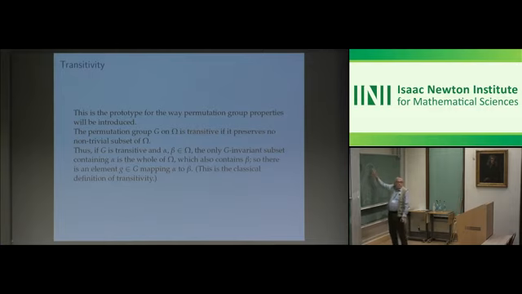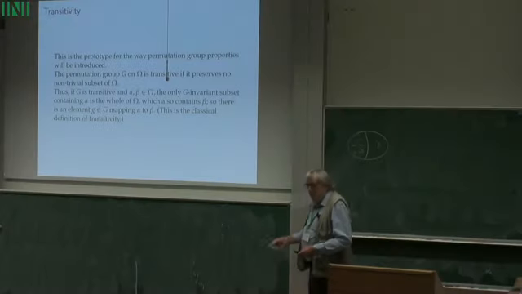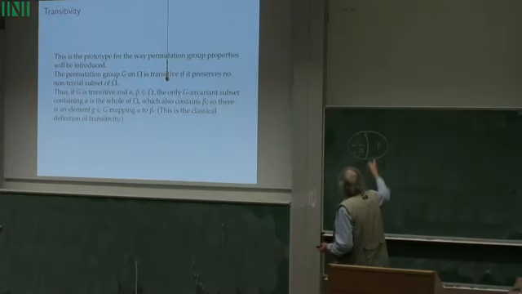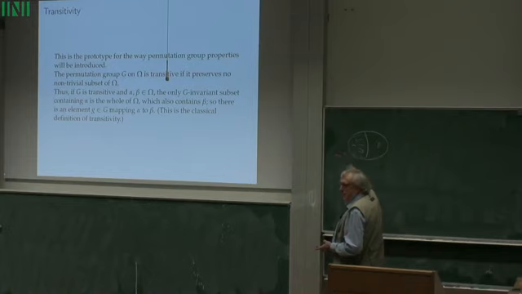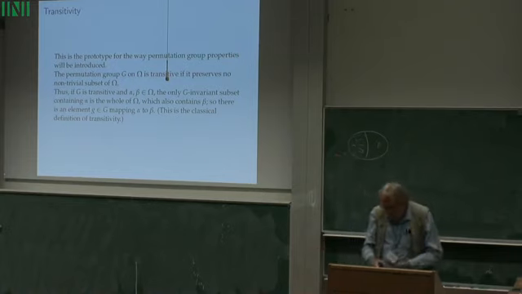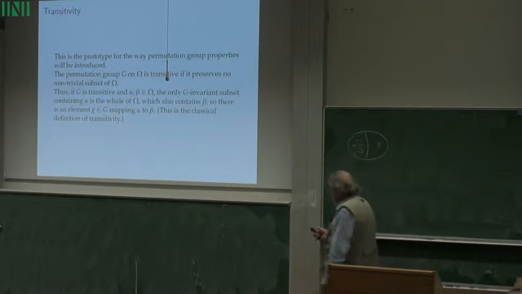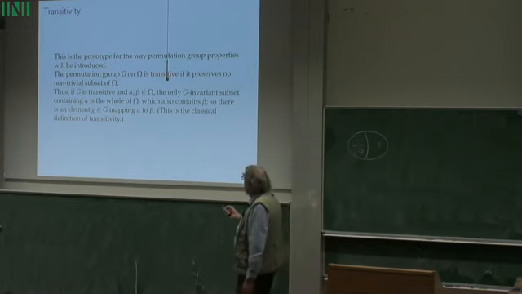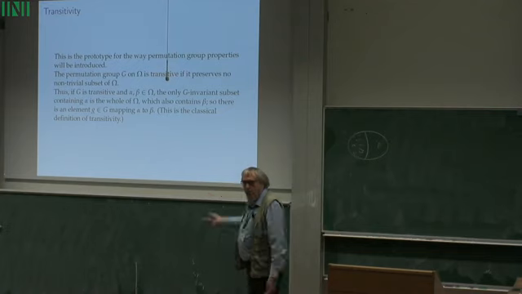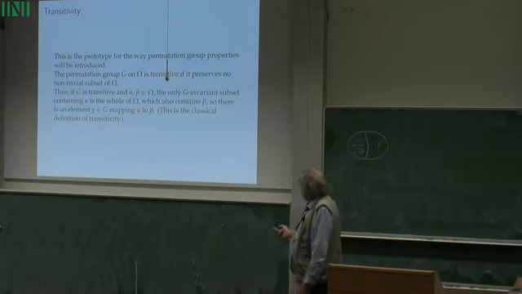If you couldn't get from alpha to beta by any element of the group, then there would be a subset of omega consisting of things that you could reach from alpha, and the group axioms, the closure axiom, would then imply that you can't get out of that set, so it would be a non-trivial G-invariant subset. So that's the sort of way in which you can take standard permutation group definitions and put them into this framework of preserving no non-trivial structure of some sort.